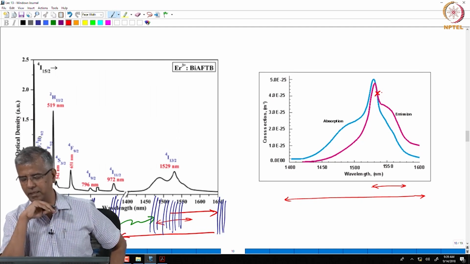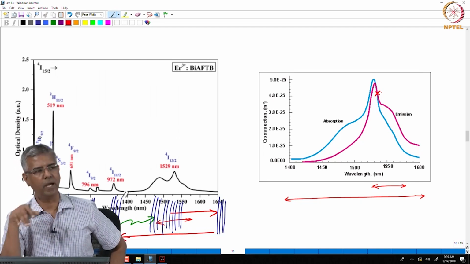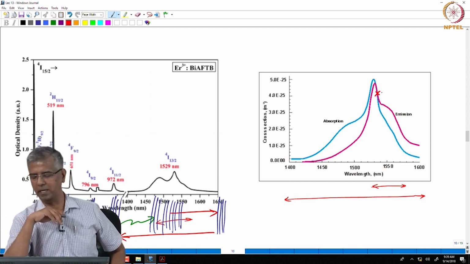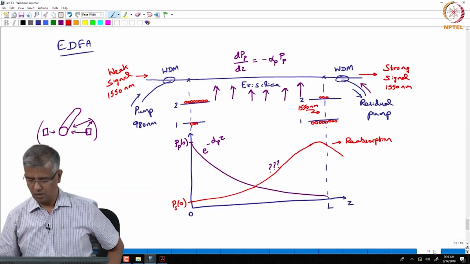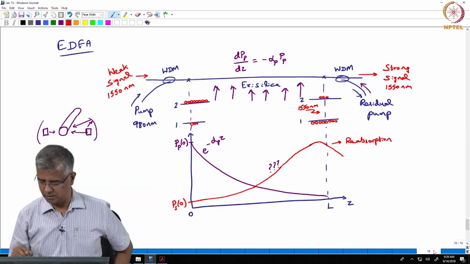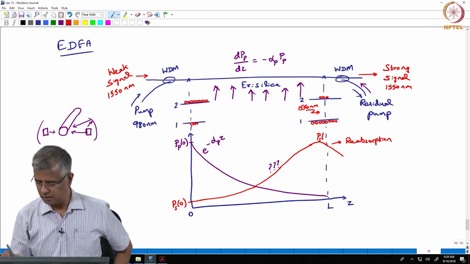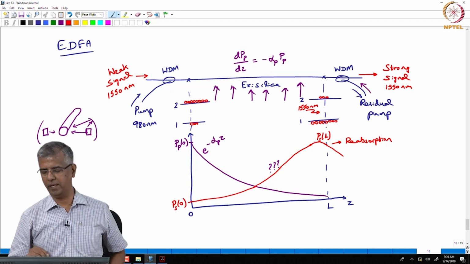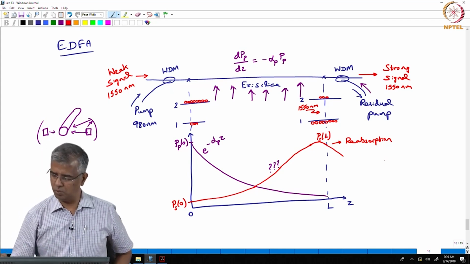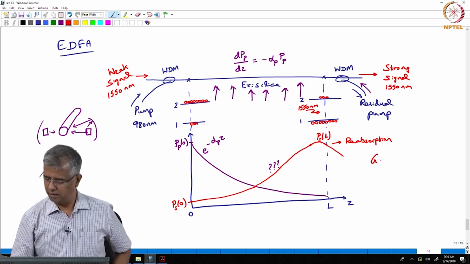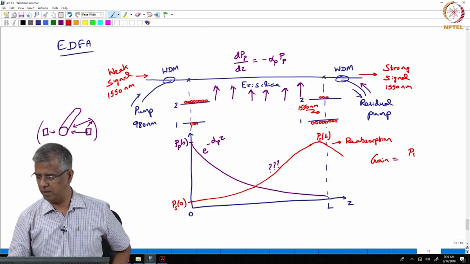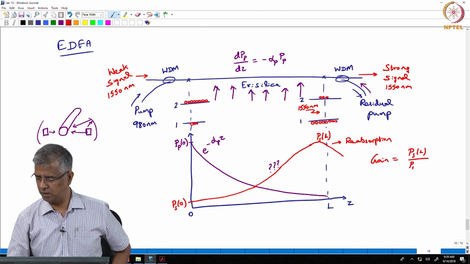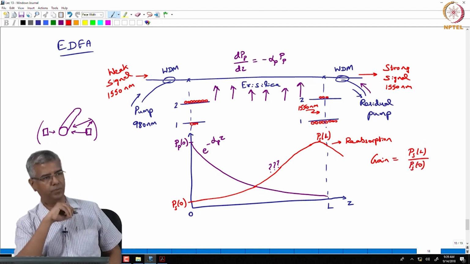That's something that we were observing later on, but as far as how the signal is getting amplified, now we have to consider this in a little more detail. What we want at this point is Ps of L, the gain in the system, which is given by Ps of L over Ps of 0.